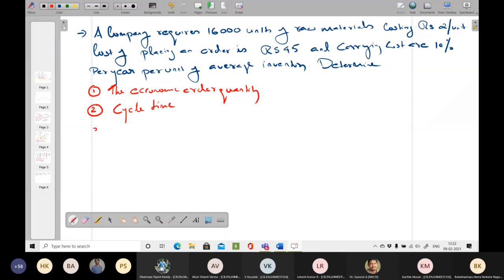Third, total variable cost for managing the inventory. So that's the question. Please tell me how to proceed. What all things are given, and how to proceed?